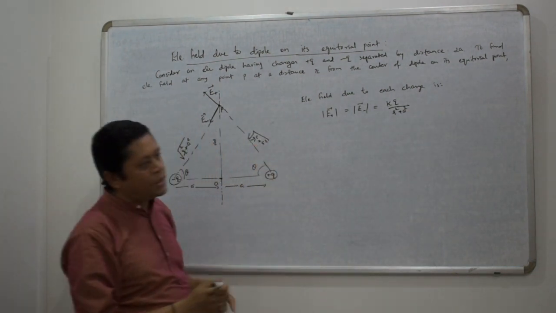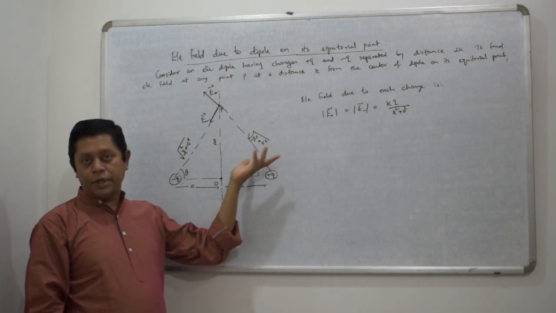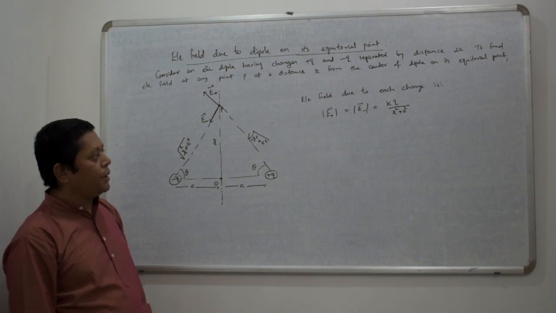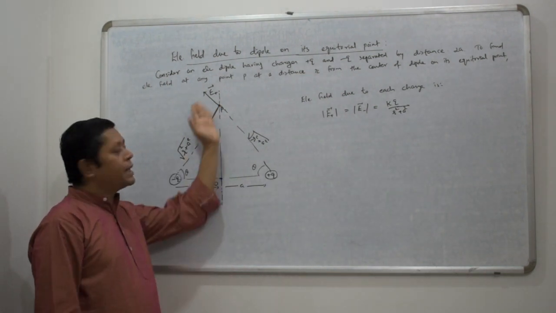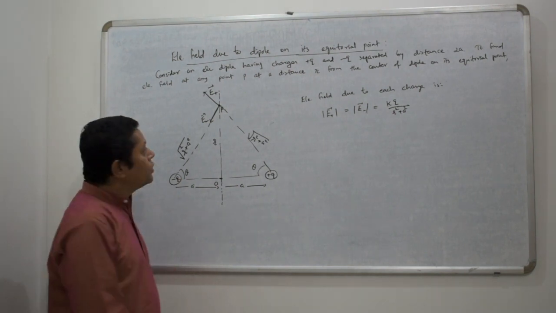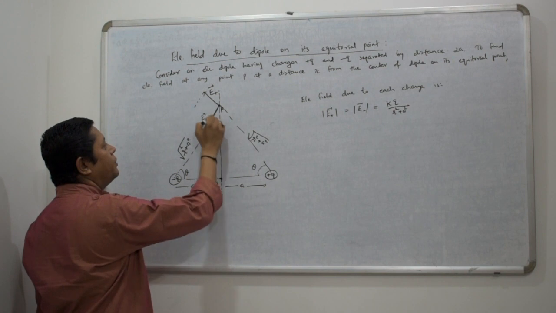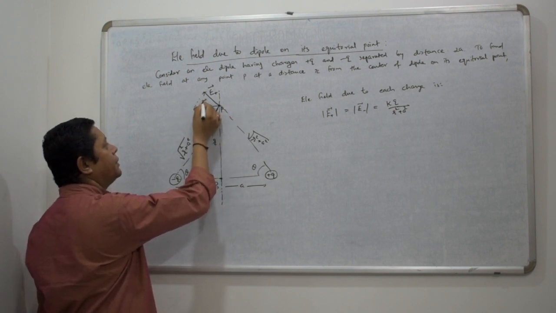Because here the distance is under root of r square plus a square. So kq by r square, when you take the square of that, it becomes kq by (r square plus a square). So electric field is equal. What is the difference? That is directions. Directions are different. So here, if you want to find the resultant electric field, resultant of these two, this will be the resultant electric field.